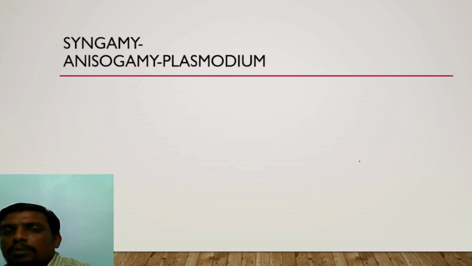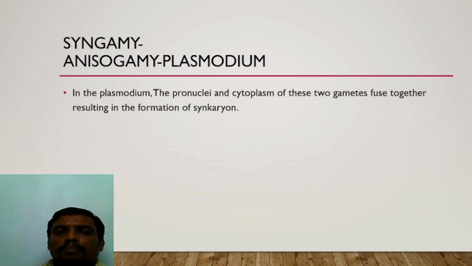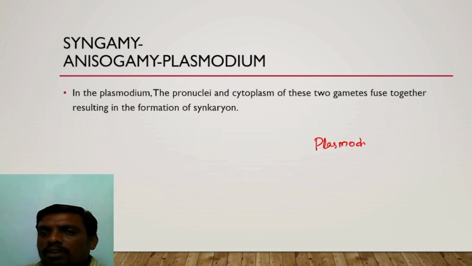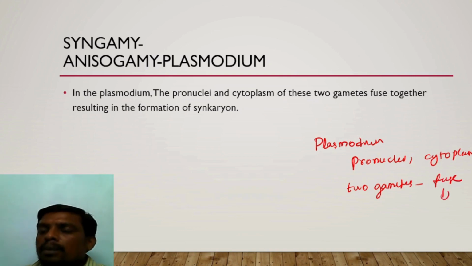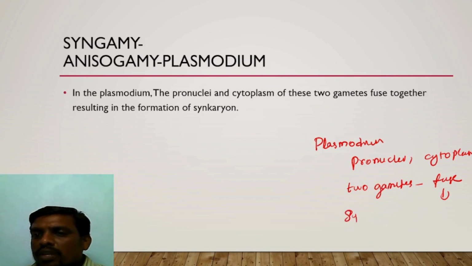Now, what do you mean by syngamy in case of Plasmodium vivax and anisogamy? In Plasmodium vivax, the pronuclei and the cytoplasm of the two gametes fuse together, resulting in the formation of a synkaryon.